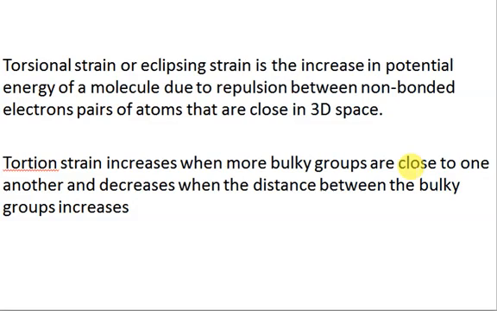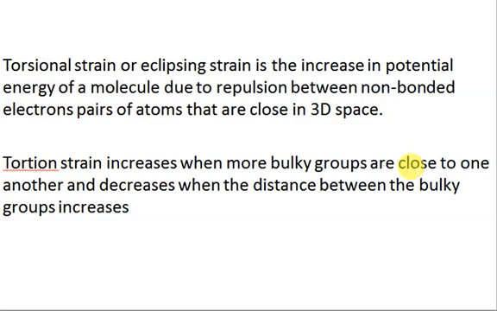In the third type, torsional strain, the atoms are directly bonded to each other, the 2 groups are at a distance of 3 bonds, and while rotating, these groups come closer to each other in 3-dimensional space. When they become parallel to each other, we say they are eclipsing each other. At the point of eclipsing, the repulsion of electrons becomes maximum because the bonds are at maximum closeness. Because of this repulsion of the electrons, the system becomes unstable.